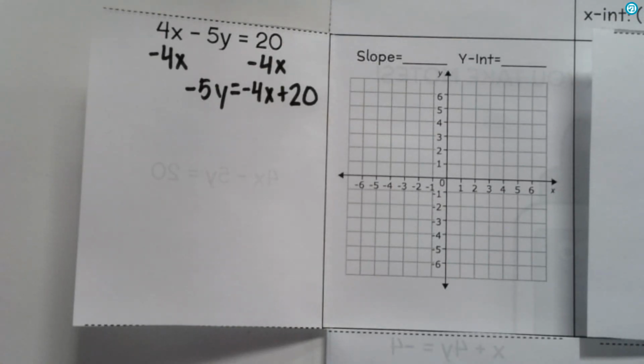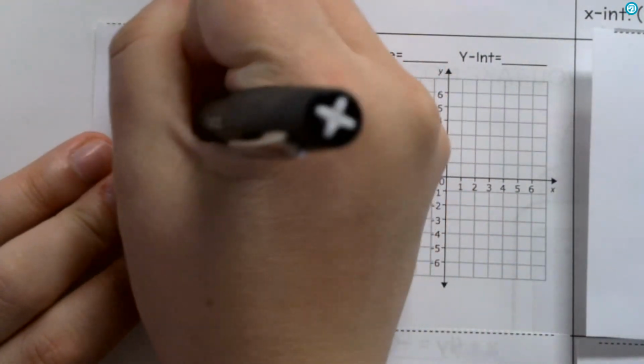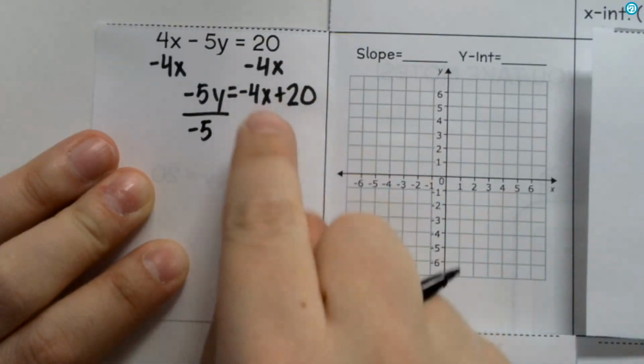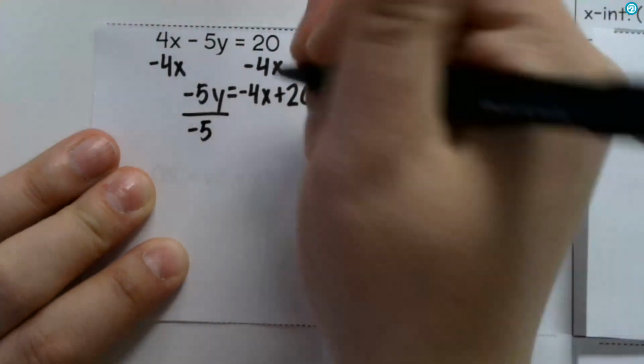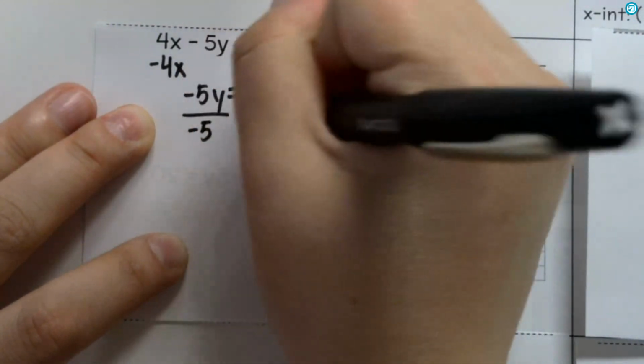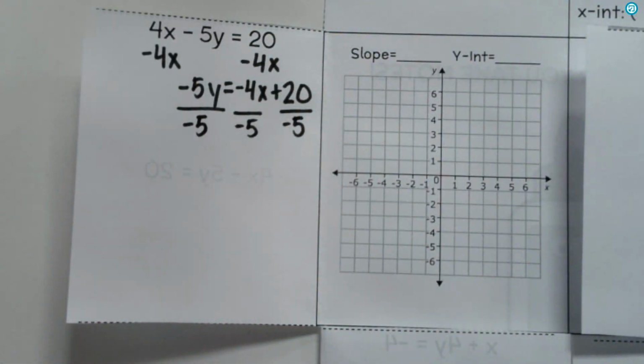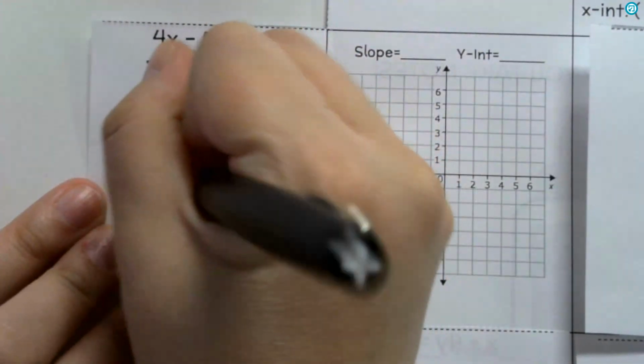Alright, from there, to get y by itself, I need to get rid of this negative 5. That is currently multiplication. Opposite of multiplication is division. So I'm going to divide by negative 5 everywhere. I'm going to divide by negative 5 here. And then I need to do it on the right side of my equation in both of these places. So I'm going to divide by negative 5 here and here. Okay, these cancel out, so I just have y equals.